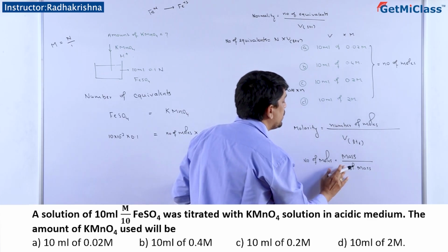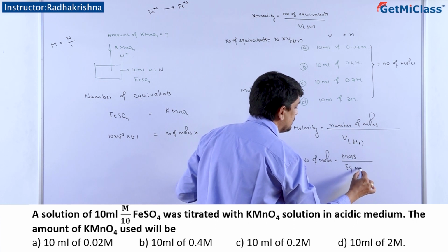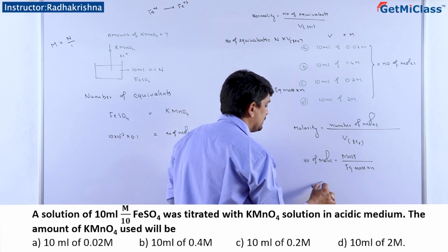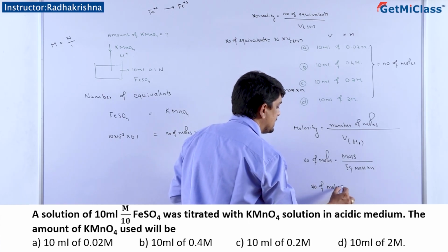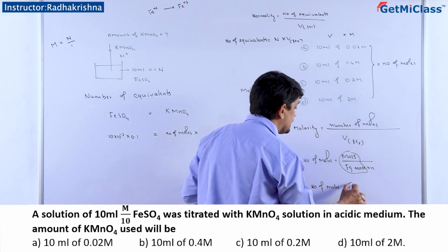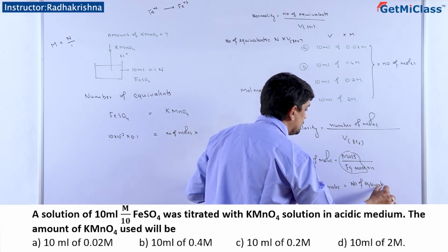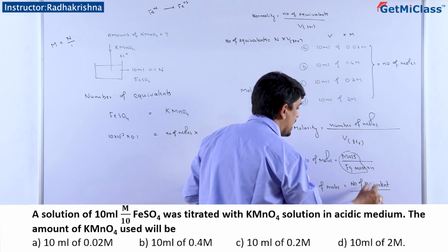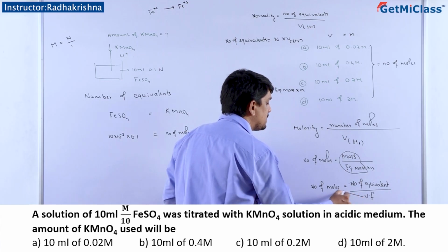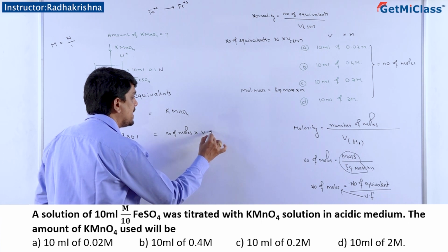So rather than writing molecular mass, we can write equivalent mass into n. So number of moles is equal to mass by equivalent mass, which is number of equivalents divided by n, where n is the valency factor. So number of equivalents is number of moles into valency factor.